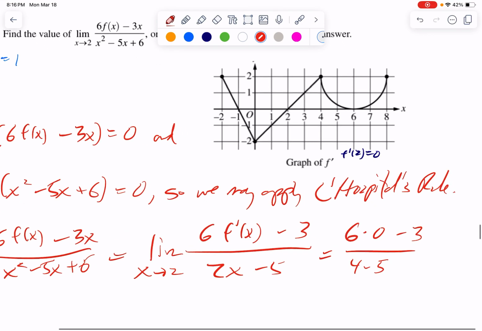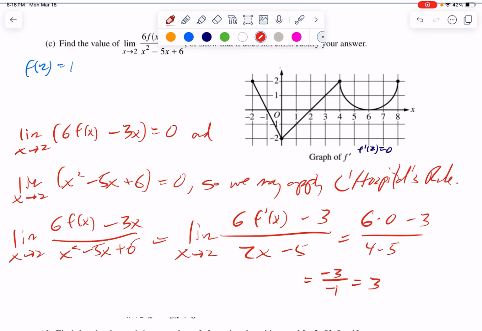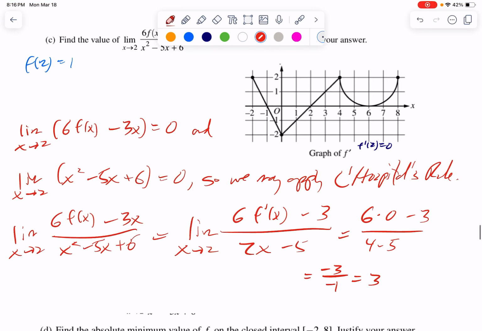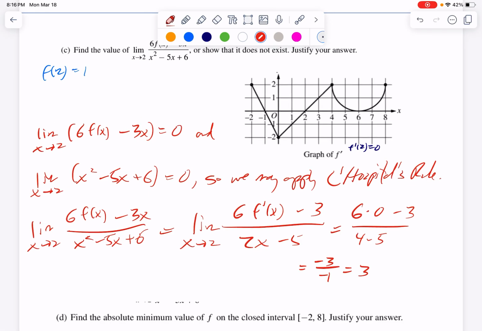So that is negative 3 over negative 1, which works out to 3. I think you can get 2 out of 3 points if you use L'Hopital's rule but do not present it correctly, which seems reasonable.